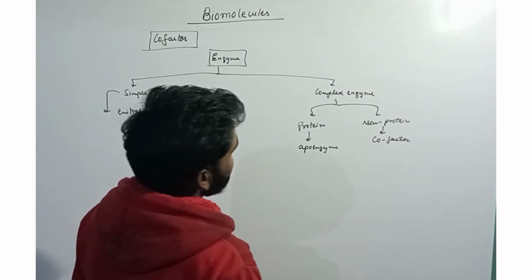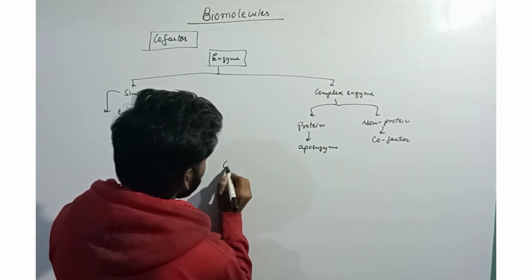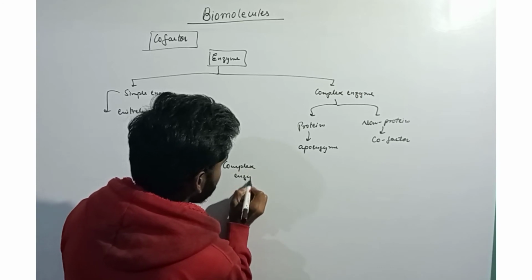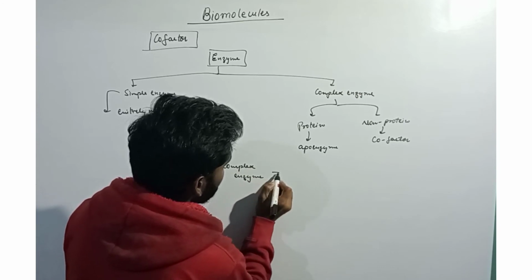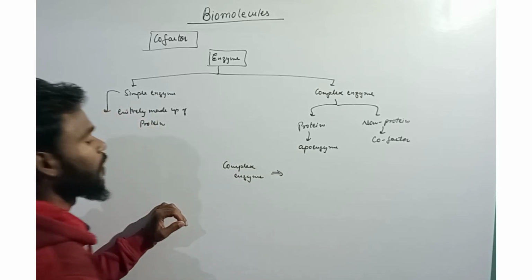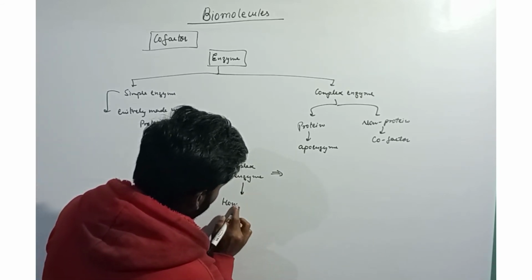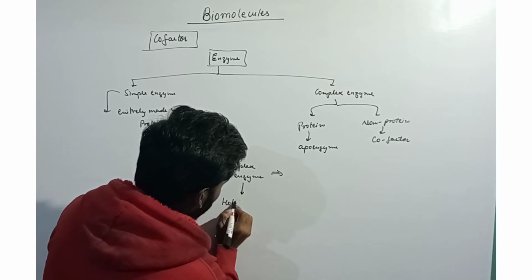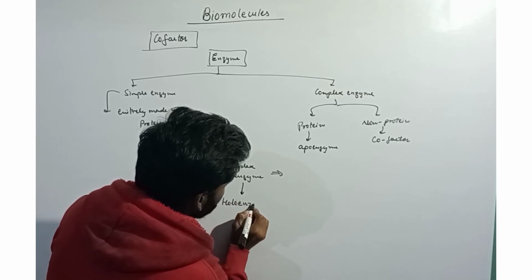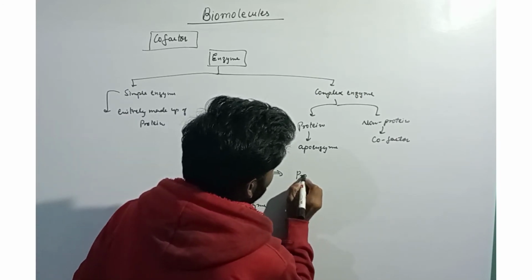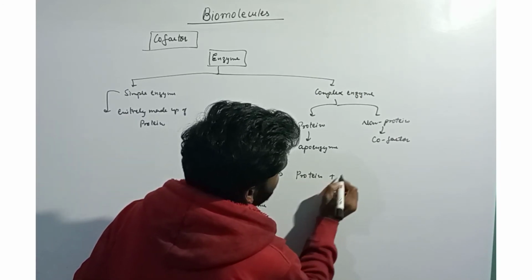The complex enzyme is called holoenzyme. Please remember, a complex enzyme is called holoenzyme. It is made up of protein plus non-protein.